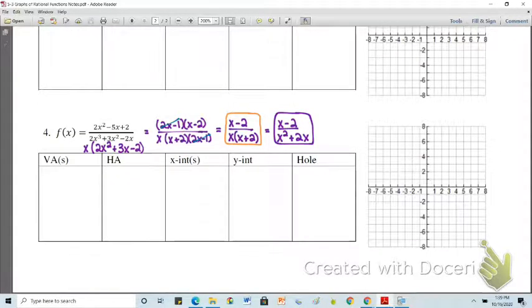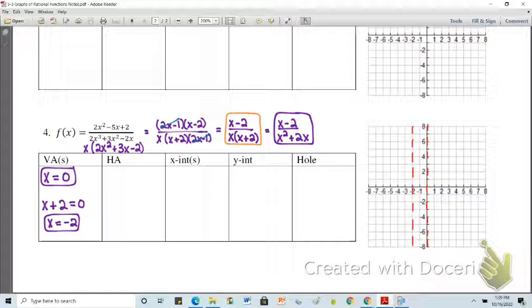So I have 2. I'm going to set x equal to 0, and I'm going to set x plus 2 equal to 0. So I have a vertical asymptote at 0, and I have a vertical asymptote at -2. And I'm going to put both of those on my graph. Next, let's look at horizontal asymptotes.